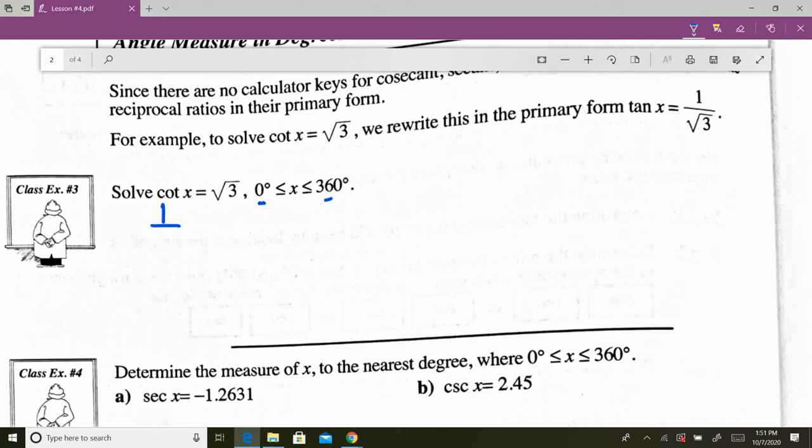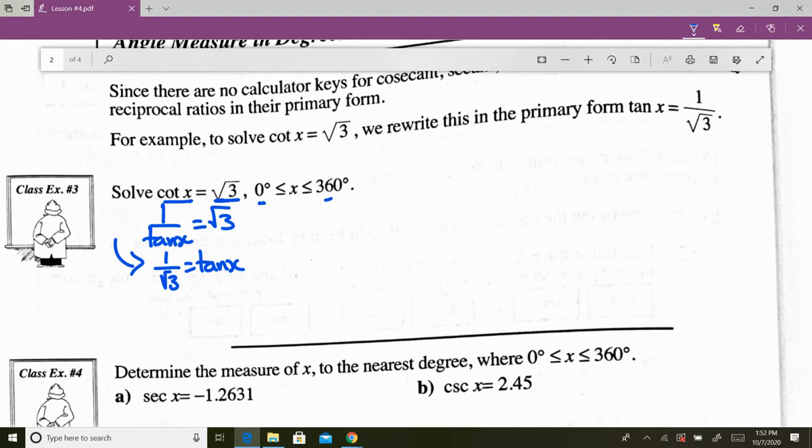We don't have a cotan, so we're just going to rewrite this as 1 over tan of x is equal to root 3. I want to get the tan out of the denominator, so I'm going to multiply it up to the other side. So you get 1 over root 3 is equal to tan of x. You don't have to show this step if you remember that cotan is 1 over tan, so I just flip that, and you could just go straight to that. Tan is equal to 1 over root 3.